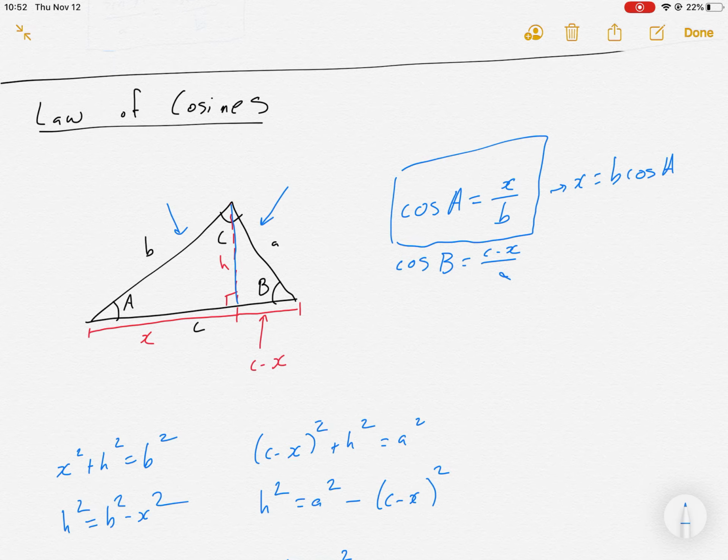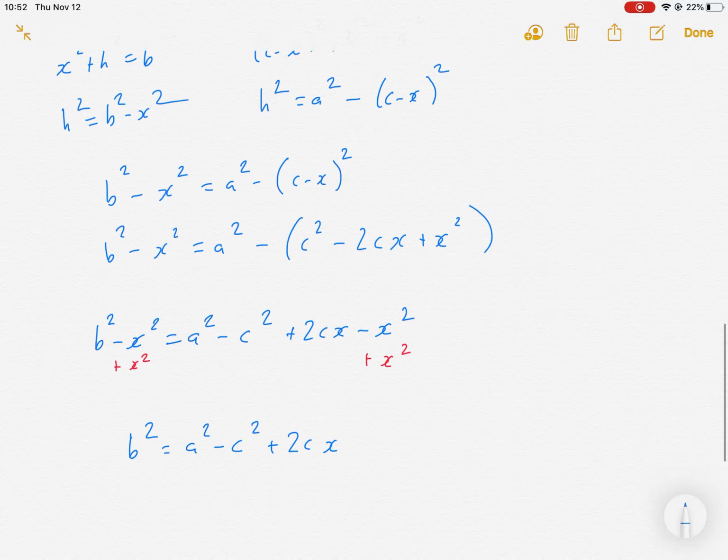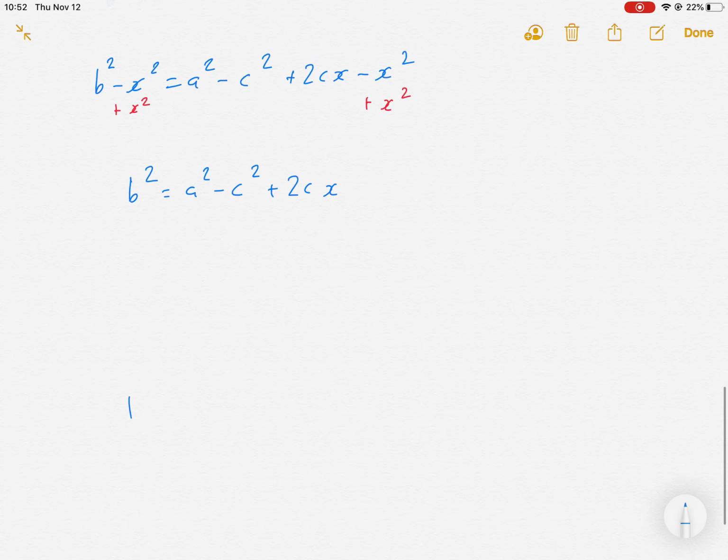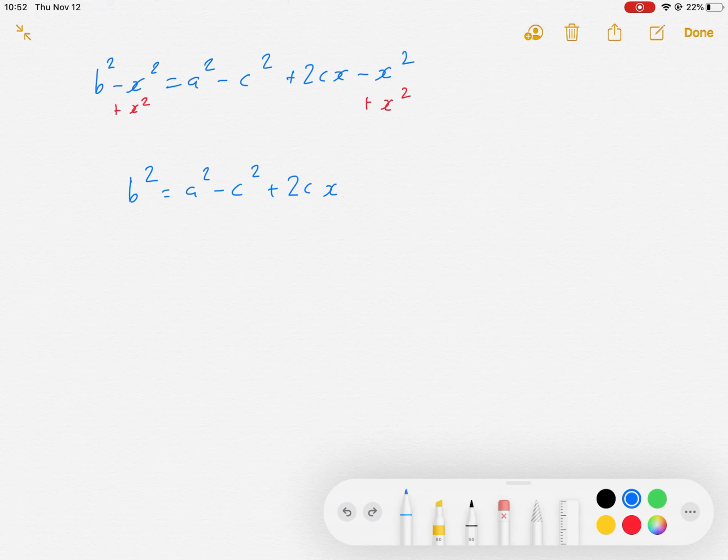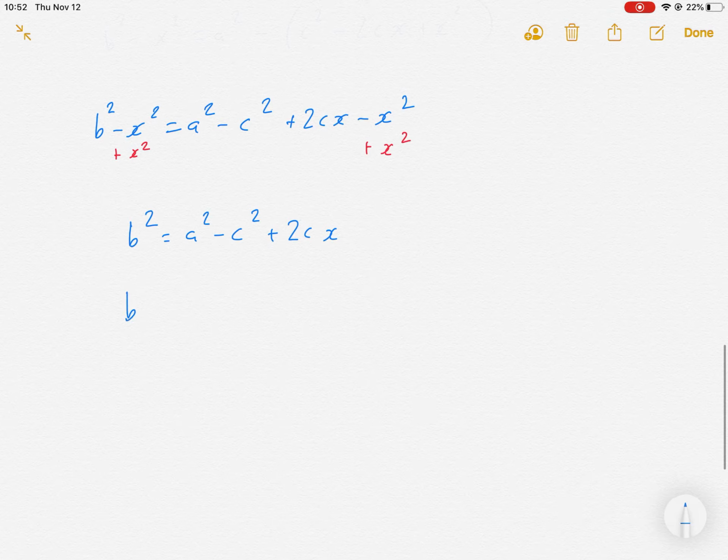I'm back to my lowercase b and capital A. I'm back to my ABC language, and so I can replace that in there. B squared is going to equal a squared minus c squared plus 2 times c times b times cosine of A.